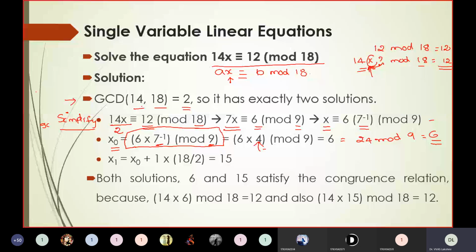This is one solution. So in this problem it will have two solutions. Here we found a single solution.